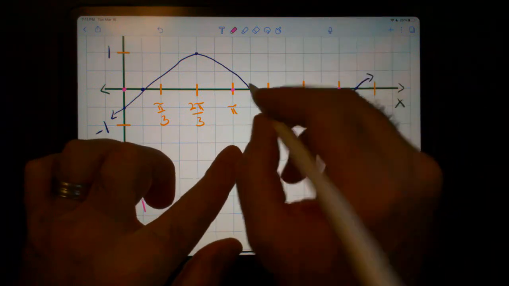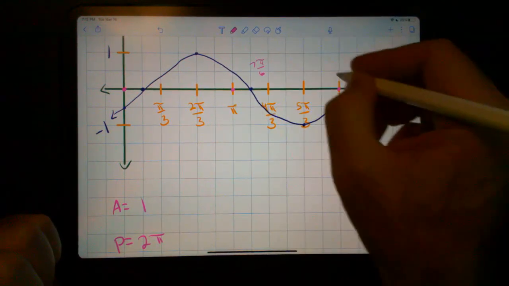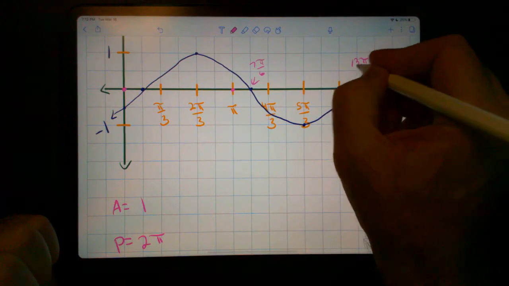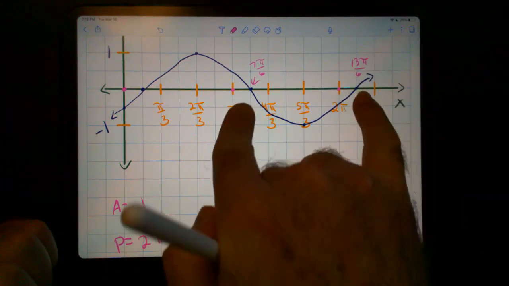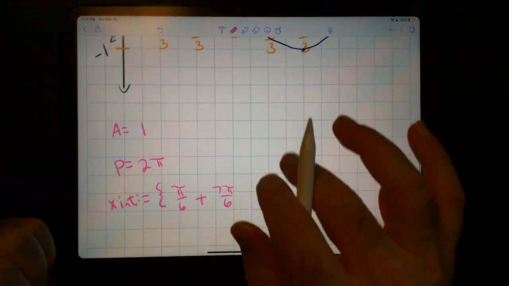So this point here is 7 pi over 6. This point here is 13 pi over 6, a difference of 1 pi. We still have intervals happening every 1 pi.